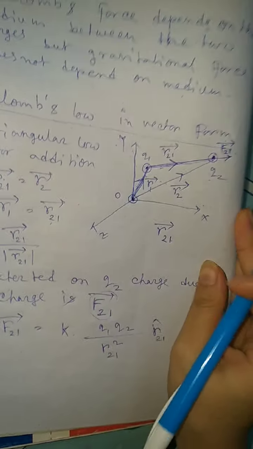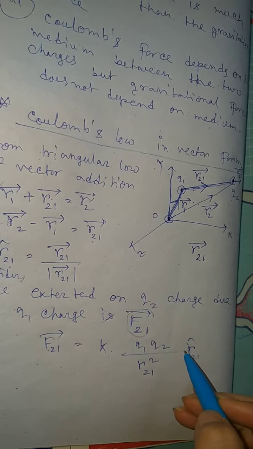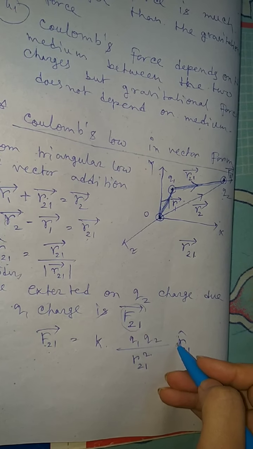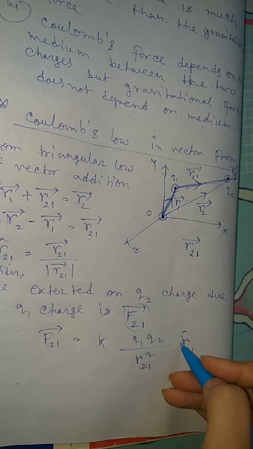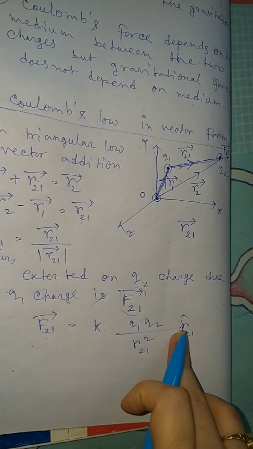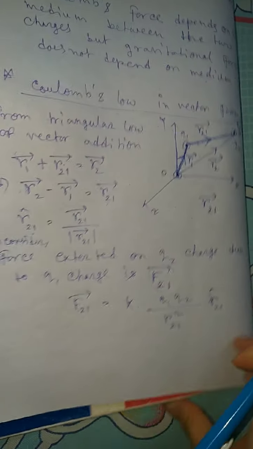Here you can see these two vectors, that means force vector and position vector, both are in same direction. Okay, that's why no negative sign arises here.